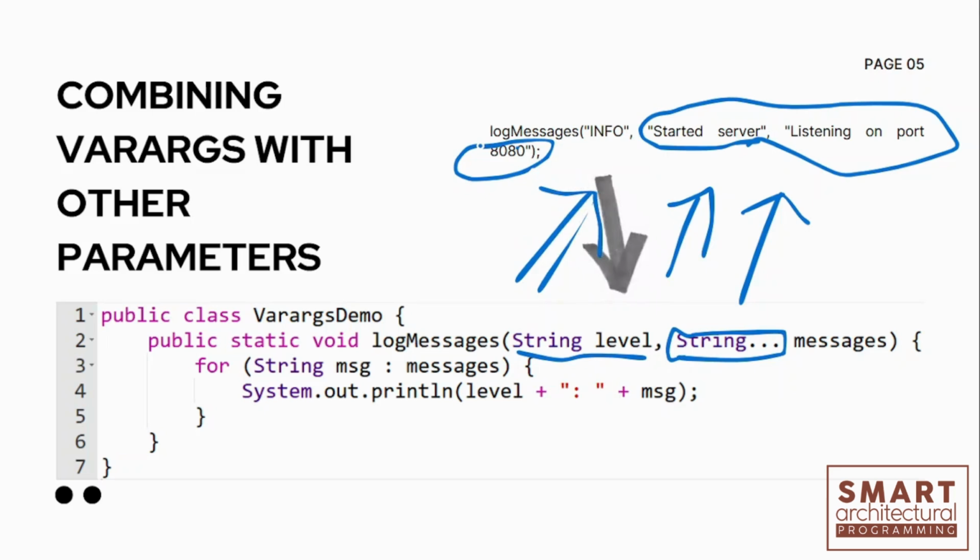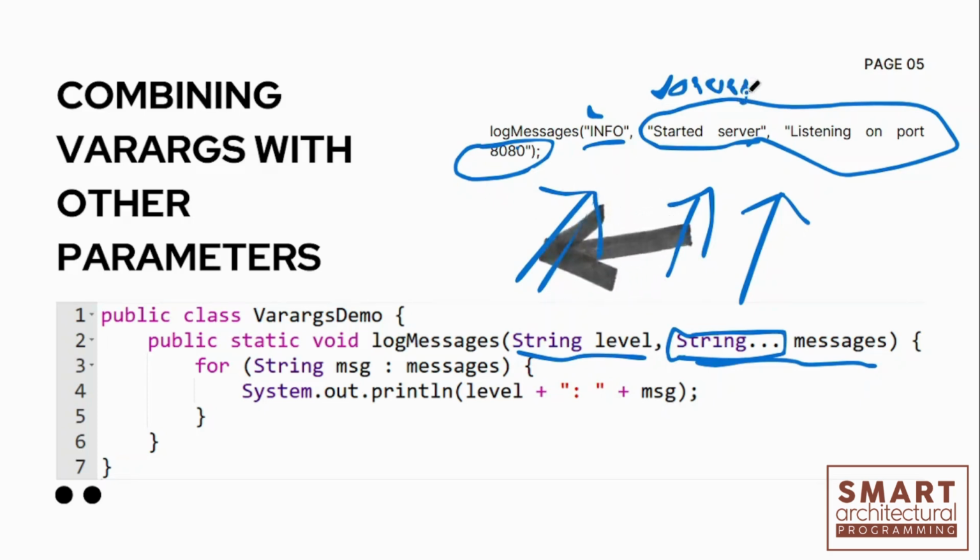Keep in mind one more thing: you notice the vararg parameter came at the end here as well. The first one was the normal parameter, which is the level parameter, and this is the varargs parameter that we're dealing with here. So this understanding must be consistent as we move along.